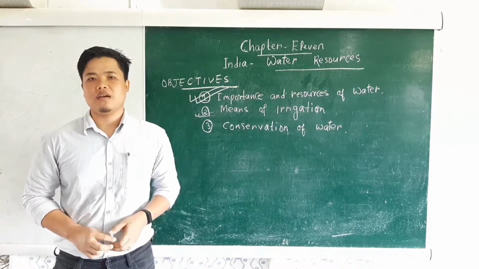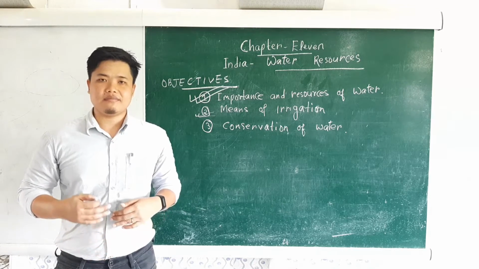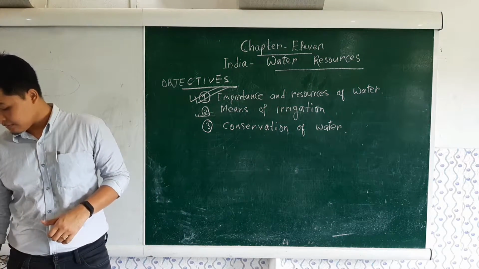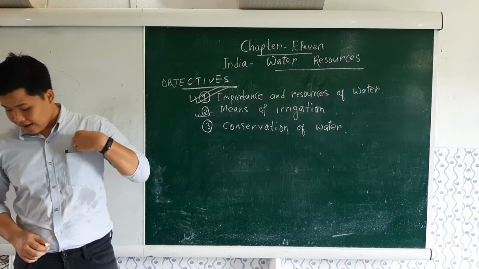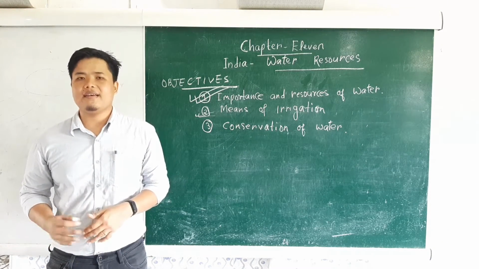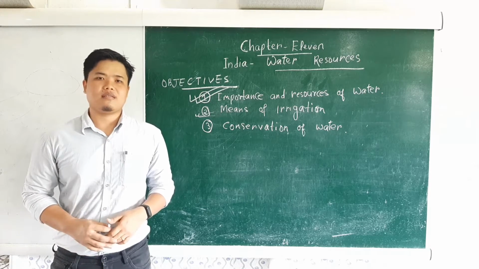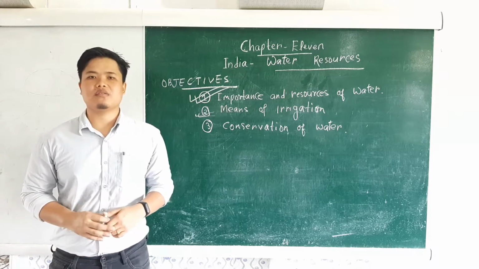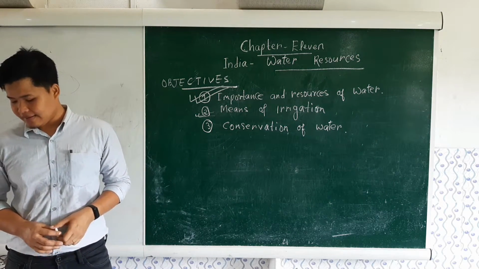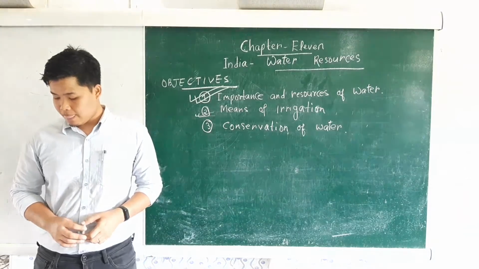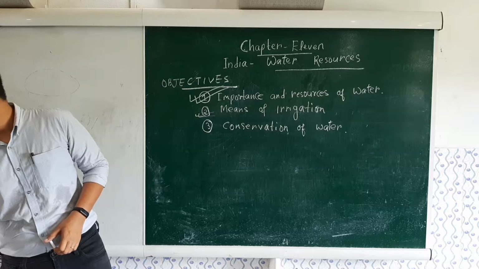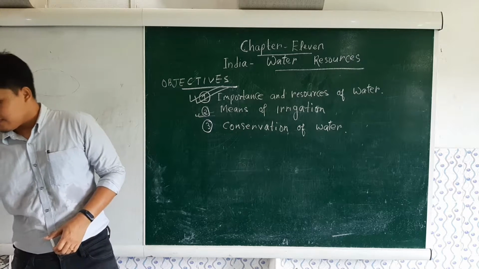So the people there collect water in a tank. In South India, tank water is mostly used for irrigation purposes, and is popular in the states of Tamil Nadu, Andhra Pradesh, Karnataka, etc.